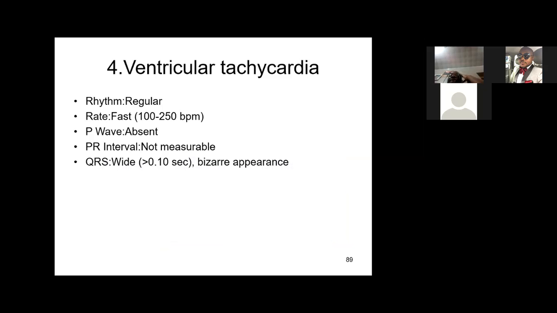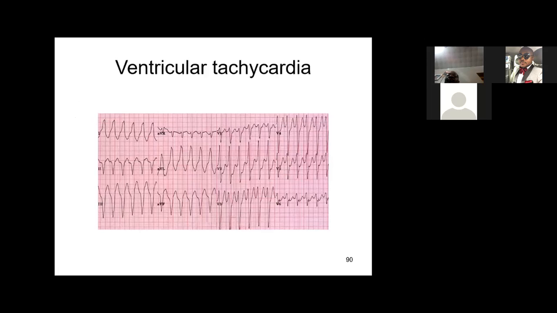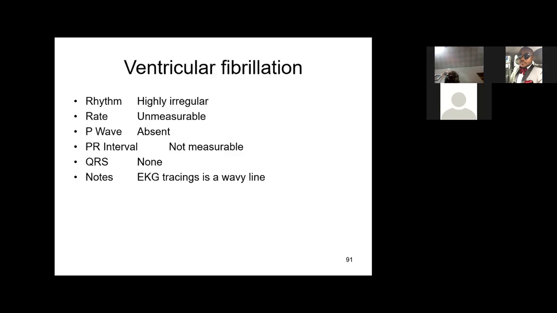The PR interval is not measurable, and the QRS is wide because the pacemaker is no longer in the atrium, it's somewhere around the ventricles, and in addition to the depolarization wave traveling down the normal route, it is also backpedaling and depolarizing already depolarized routes, leading to a wide QRS complex. This is an example of ventricular tachycardia.